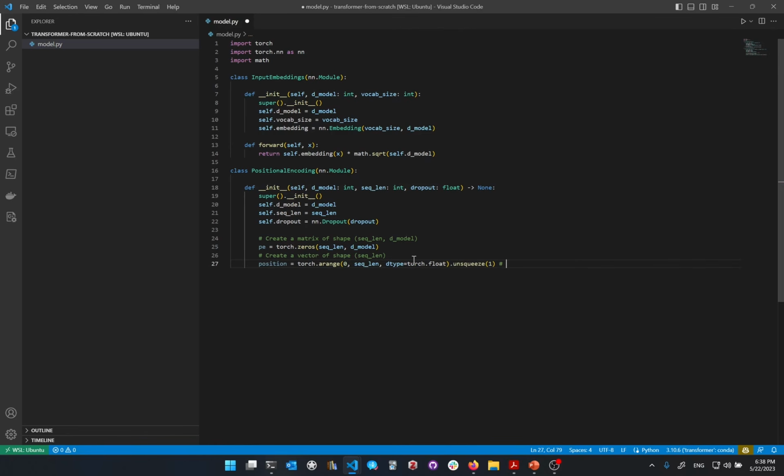So actually we are creating a tensor of shape sequence len to 1.